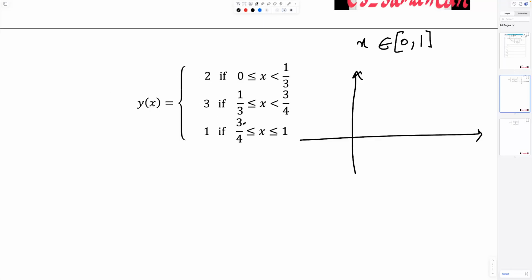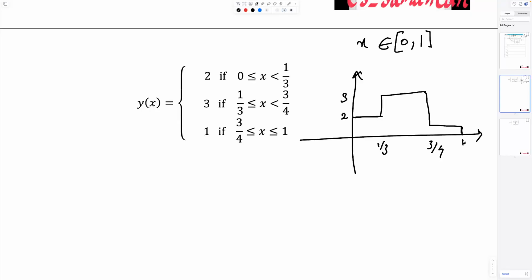From 0 to 1 by 3, you will have the value 2. From 1 by 3 till 3 by 4, you will have the value 3. And from 3 by 4 till 1, you will have the value 1.